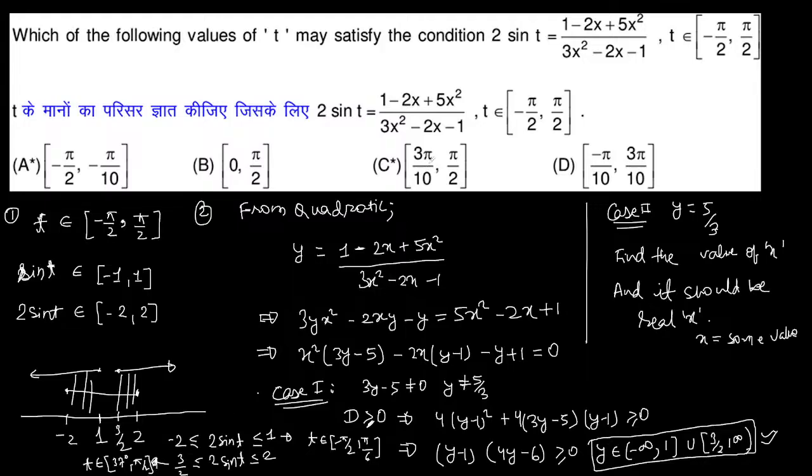Now this is what, 54 to 90, so this is correct. This is what, minus 90 to minus 18, so this is correct.